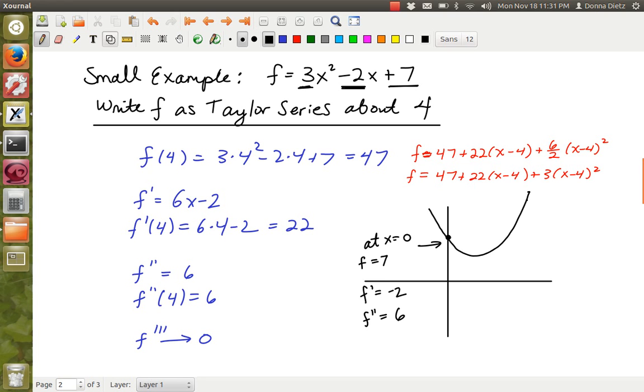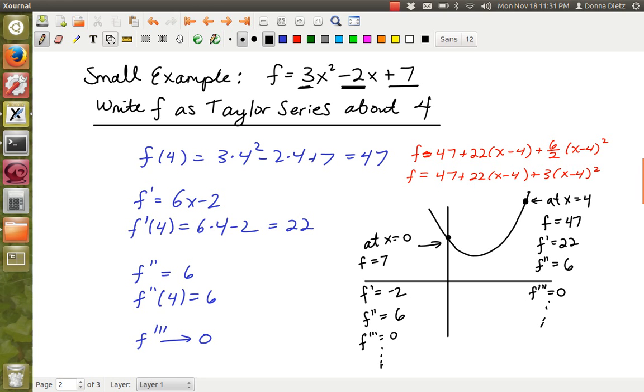However, I could take another point, let's say up here, at x equals 4, f is equal to 47, f prime is equal to 22, and f double prime is equal to 6. And because what I have is a parabola, all other derivatives are going to equal 0 all the way down.